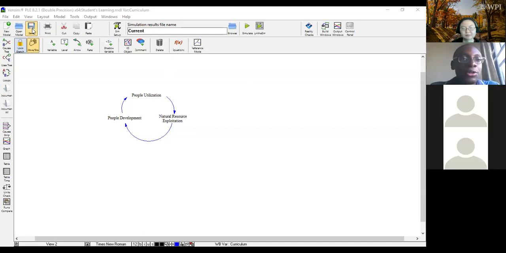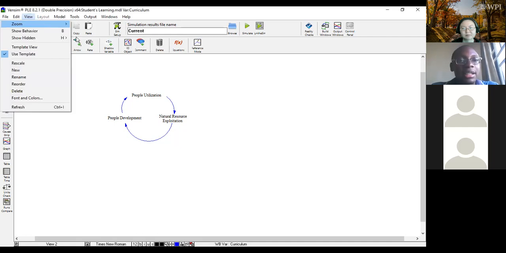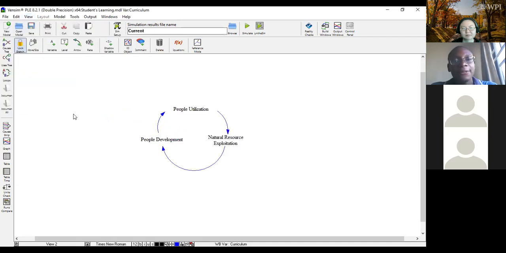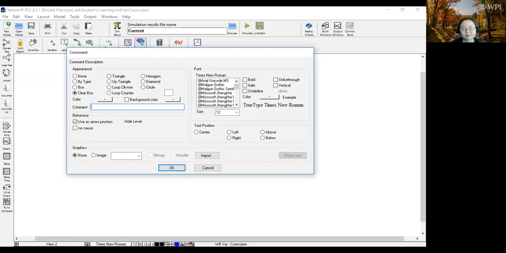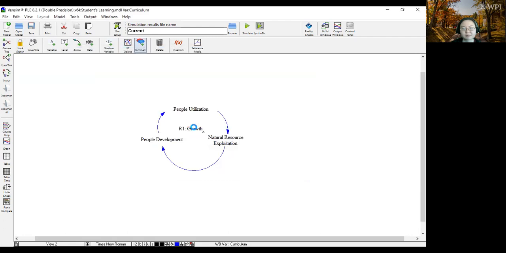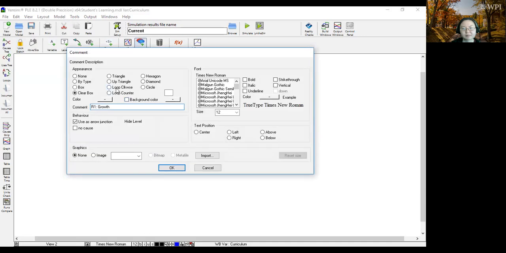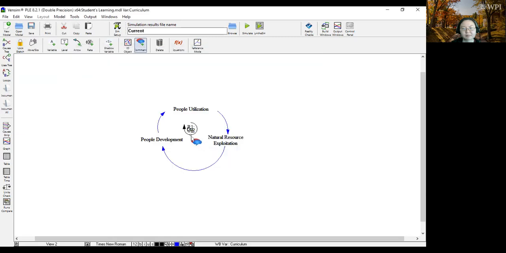I'm going to zoom in a little so that you can see. So you have a reinforcing feedback process. This is what I call the growth loop, because this is how Ghana will grow.